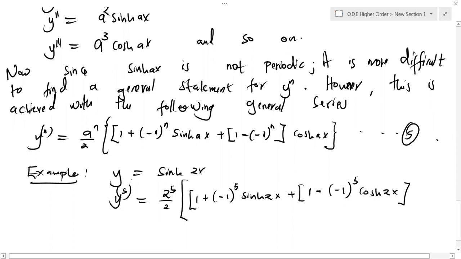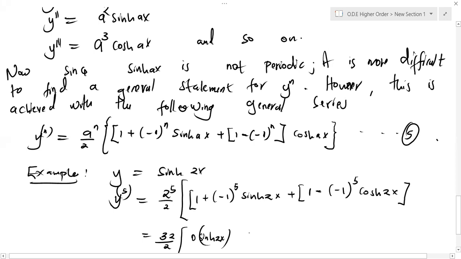So this is going to give us, okay, so if you simplify this, this is 32 over 2, and then sine hyperbolic of 2x. This is 1 minus 1. This will give us 0 over here. This will be 0. Then we have sine 2x besides it.